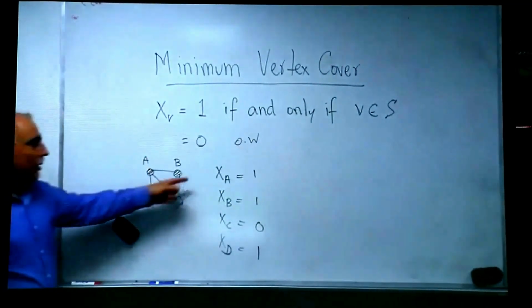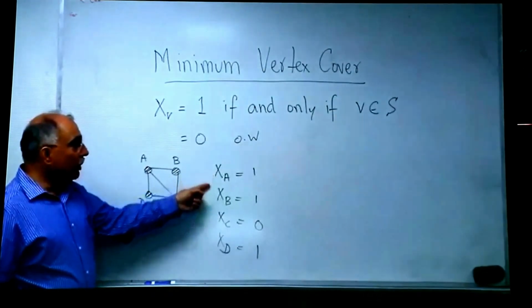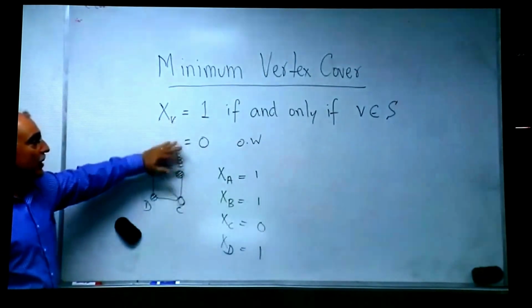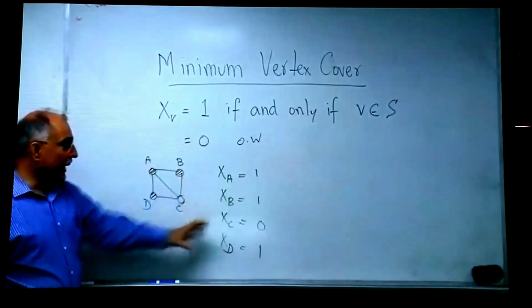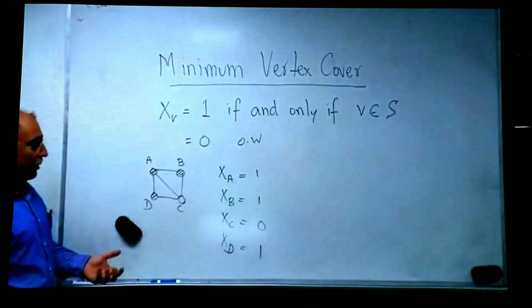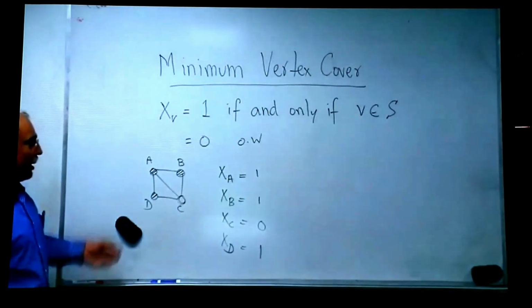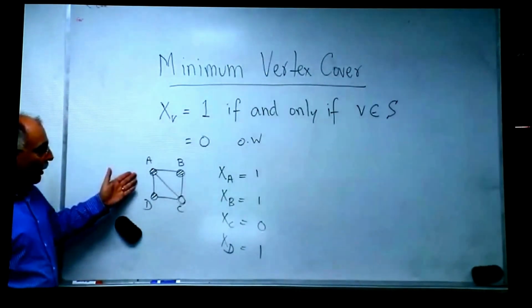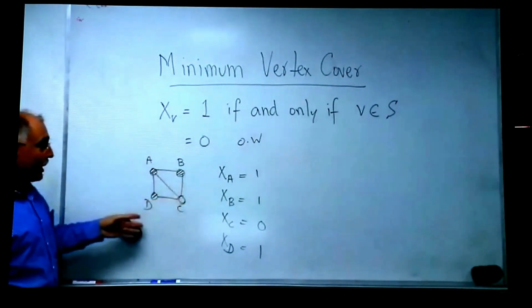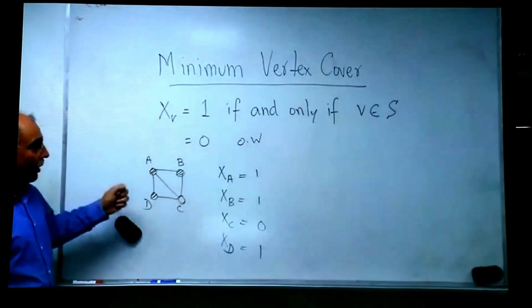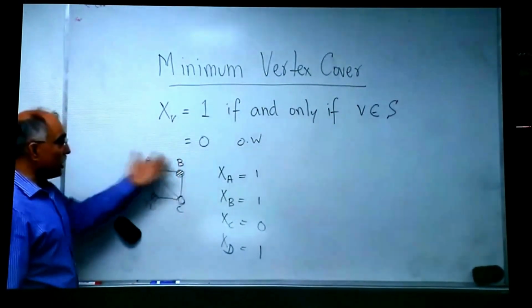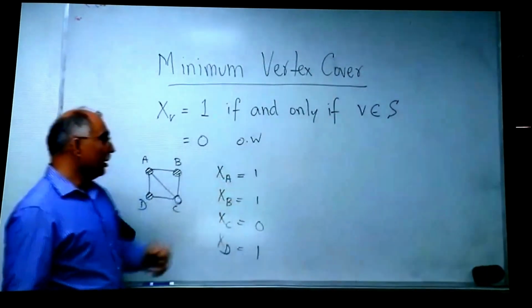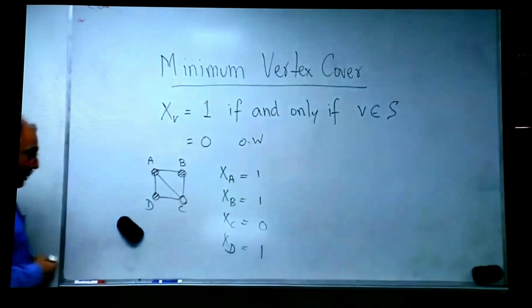So again, the point is that by creating a binary variable for every vertex in the graph and saying its value is either 0 or 1, we can exactly capture different subsets S in the graph. Now so far we haven't really done anything. All we've done is create some notation, and of course trying to enumerate over all possible subsets S in this graph is not very productive, because I have 2 to the n possible subsets here, and again there are 2 to the n possible 0, 1 assignments to these variables. So we haven't really made any progress.